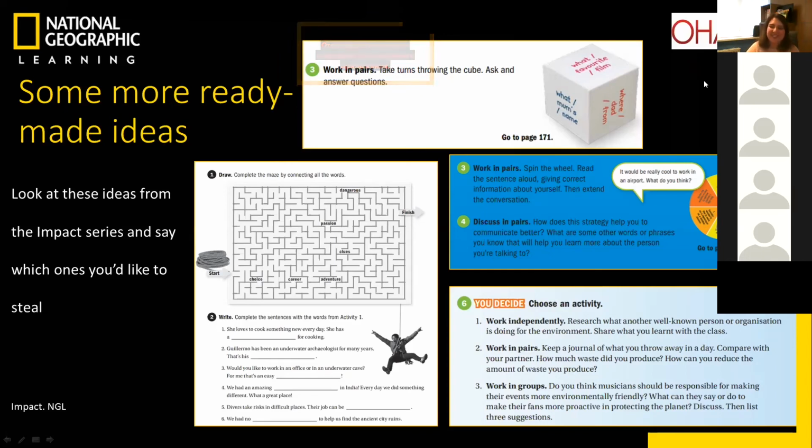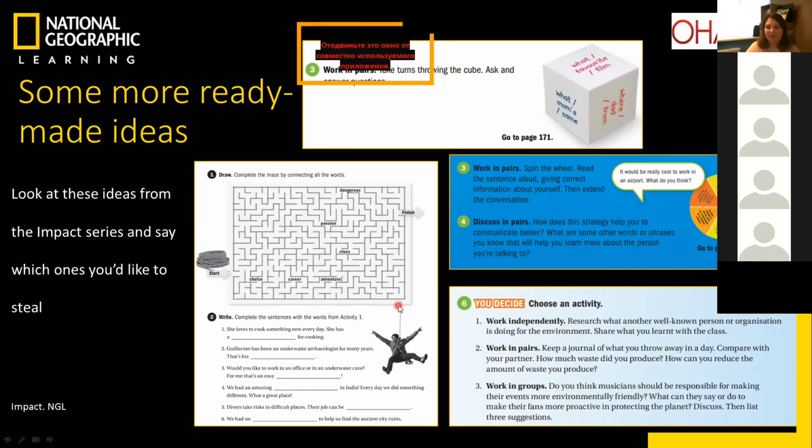Let me comment on them, and I hope that you will see the value of such activities, and maybe you will really steal them and use them in your classrooms. If we look, for example, at task 1, we can see a word maze.